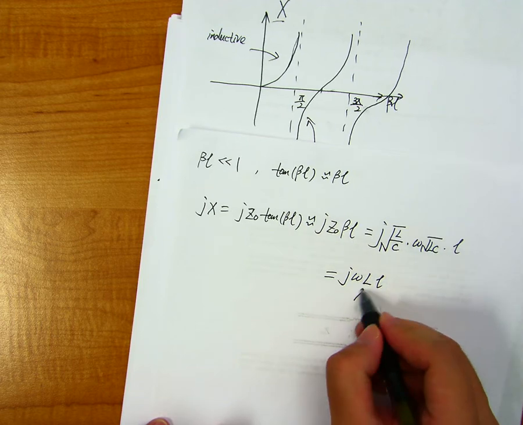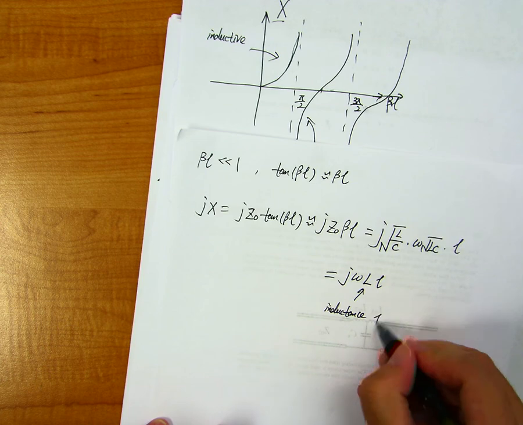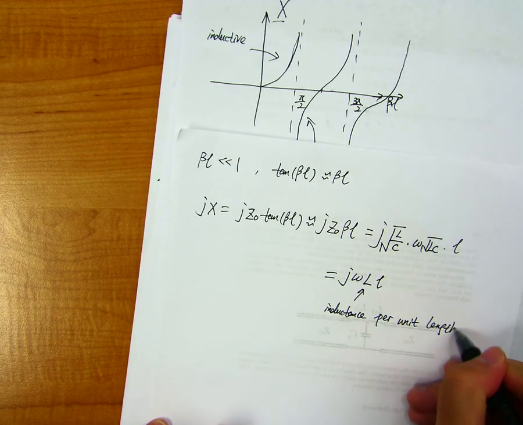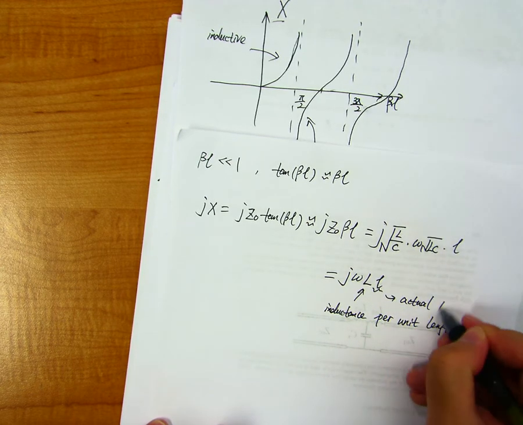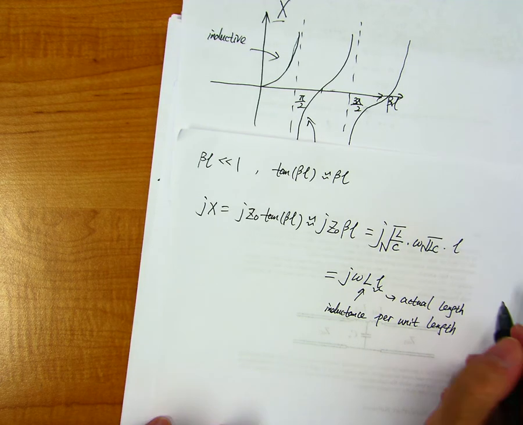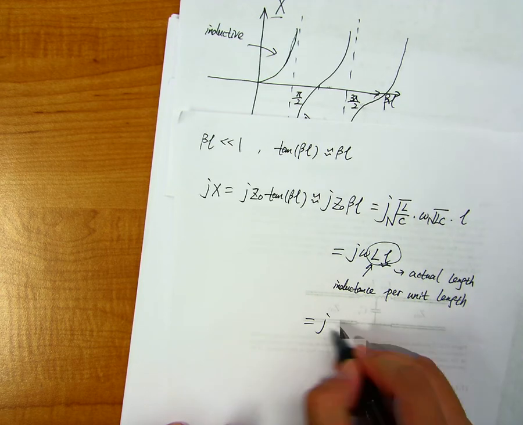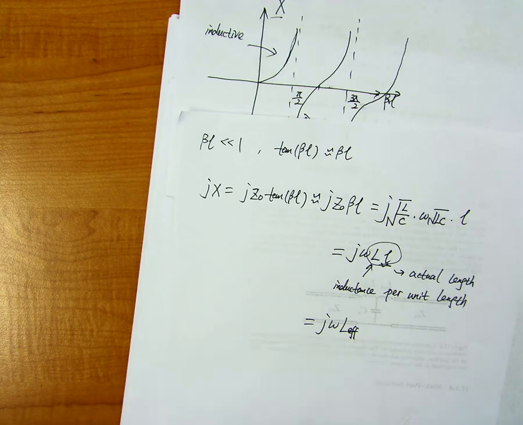Because big L is the inductance per unit length, and small l is the actual length of the transmission line. We can call this J omega times the effective inductance. Which means when the electrical length is very, very small, a shorted transmission line just behaves like an inductor.